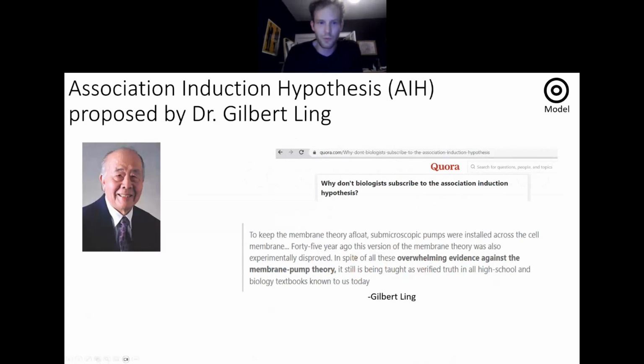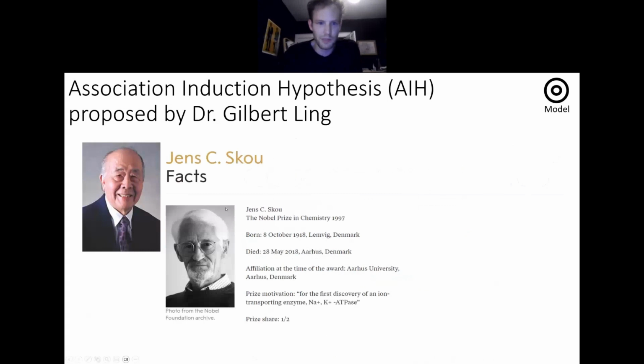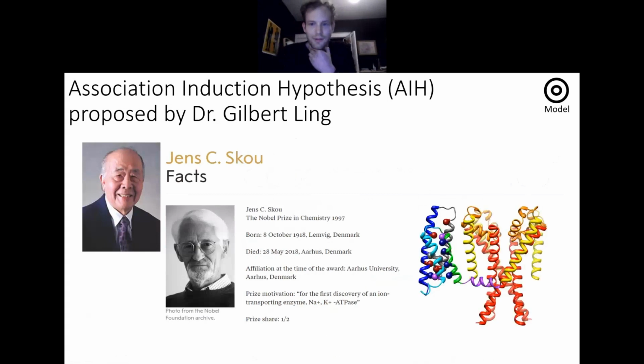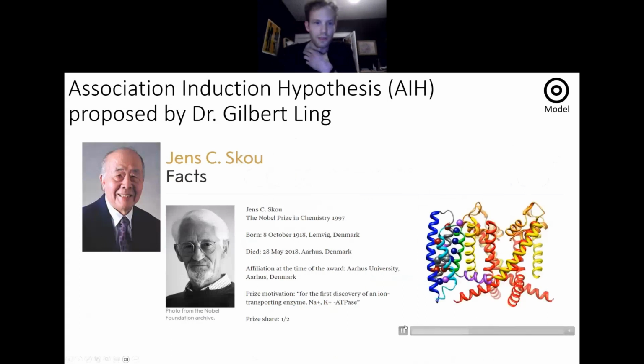Which is kind of a weird sentence when this Nobel Prize winner, Jens Skou, won the Nobel Prize for the first discovery of an ion transporting enzyme, the sodium potassium ATPase pump. So again, here's a structure of the ion pump that Gilbert Ling is kind of refuting.